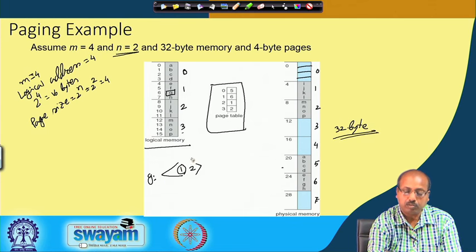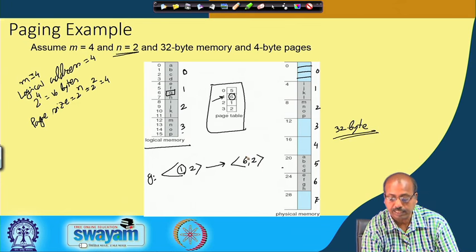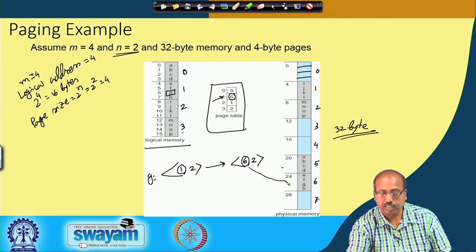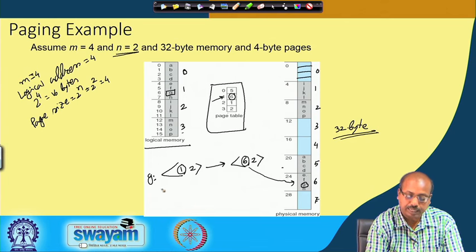It looks into the corresponding entry, entry 1, that is 6. So, this logical address is converted into the physical address, which is 6, 2. This 6 is frame number 6, so it comes here and then offset 2, 0, 1, 2. So, it comes to this G.